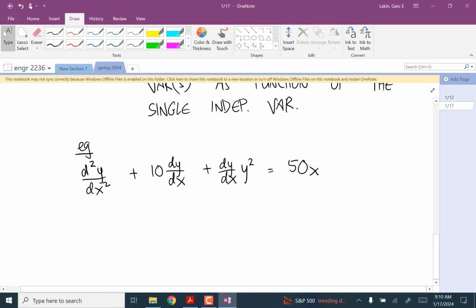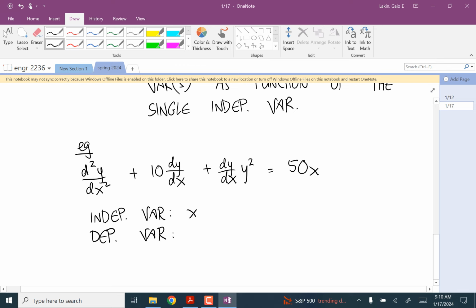Well, let's identify the dependent and independent variables, and you can do that from the derivatives. Since all of our derivatives are of y with respect to x, we can say that the independent variable is x. In this case, there's only one dependent variable, but we'll see cases where we have more than one eventually.